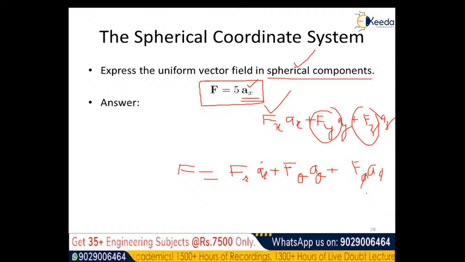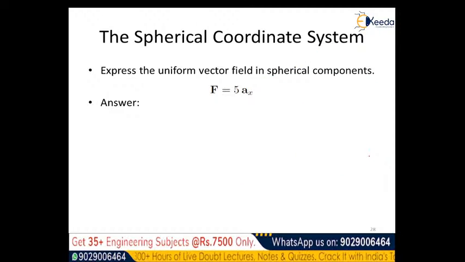To express this in terms of capital F r, capital F theta and capital F phi, we need the dot multiplications. The representation we have in the rectangular coordinate system is dot multiplied with the unit vector a r. First of all, to determine F r, we get pi u sine theta cosine phi.